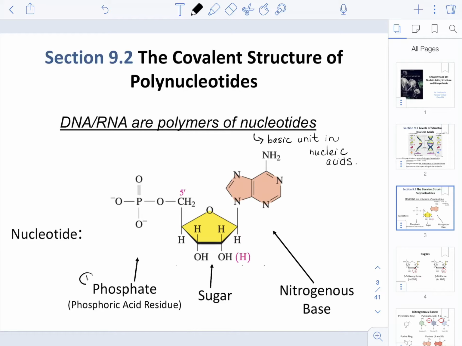We have a phosphate group, a sugar motif, and a nitrogenous base. Sometimes you will see that I will be using interchangeably nitrogenous base or nitrogen base. Now we're going to explore more in detail each one of these components.